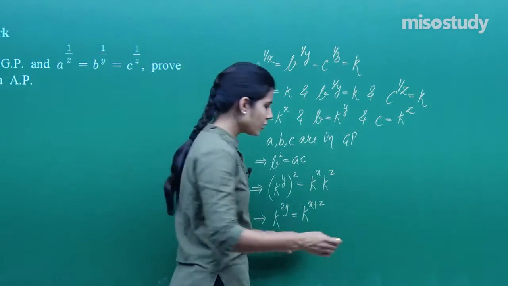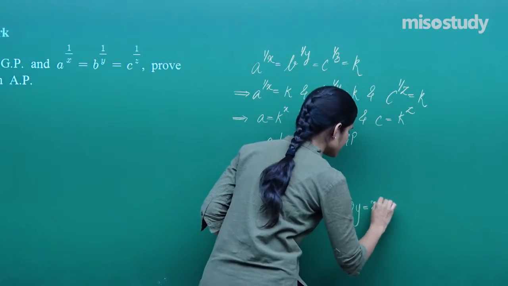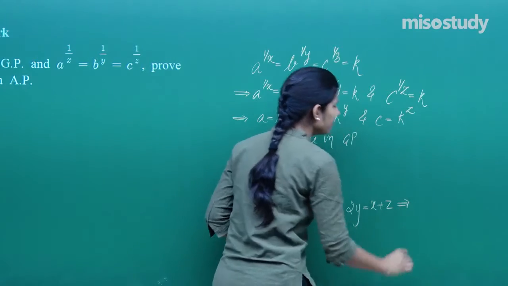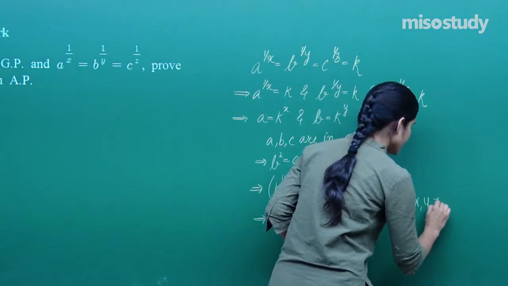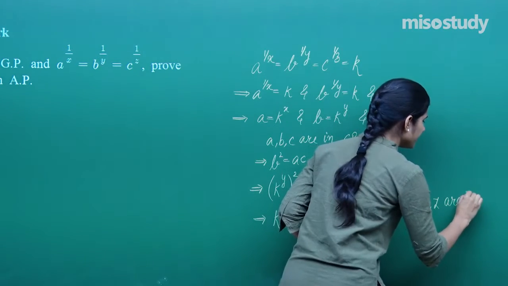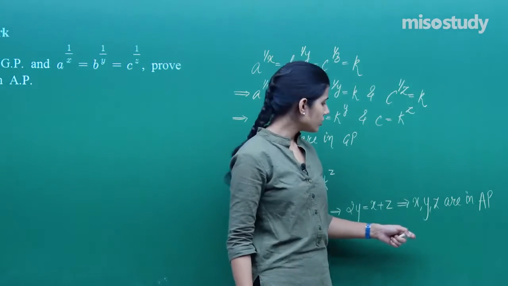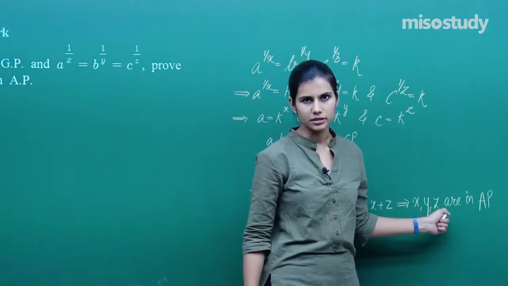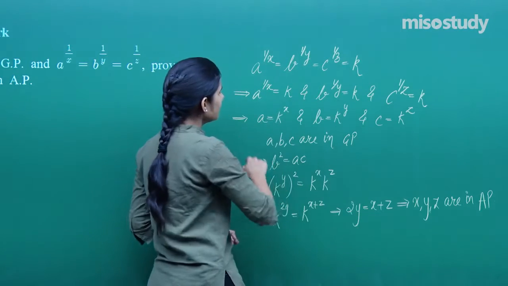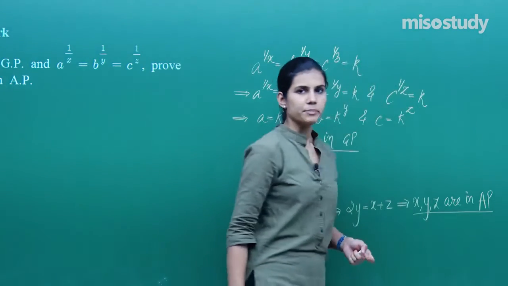Bases are same, we equate the powers, so you get 2y equals x plus z, which obviously implies that x, y, z are in AP. Because three quantities are in AP if and only if twice of the middle term is equal to sum of the first and the third term. So a, b, c were given in GP and that implied x, y, z are in AP.